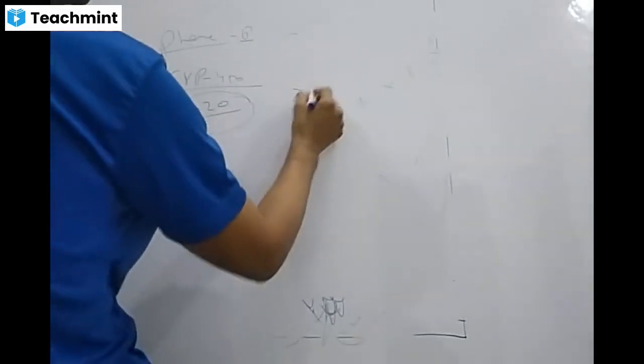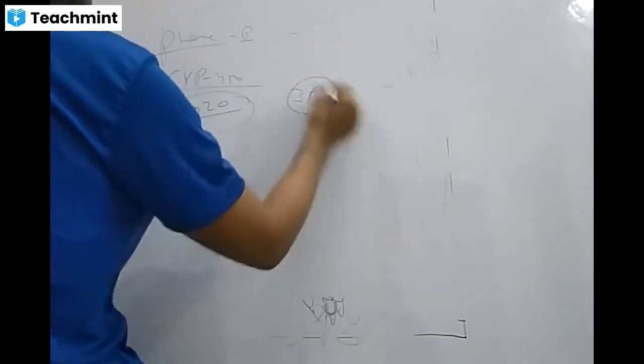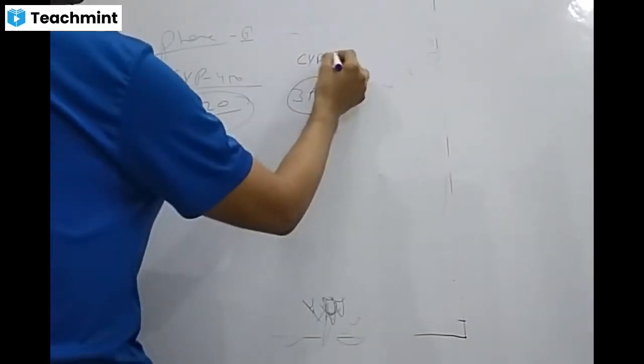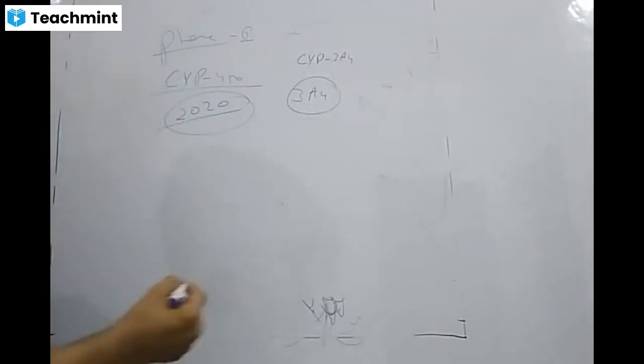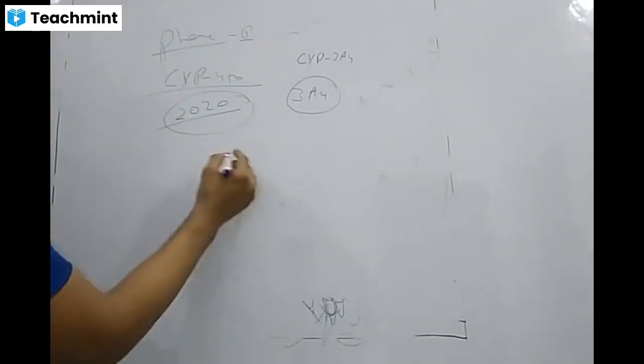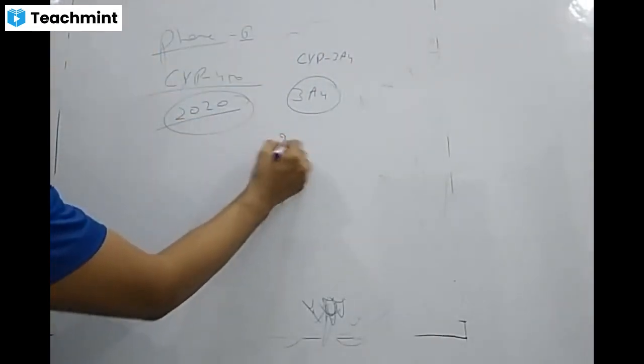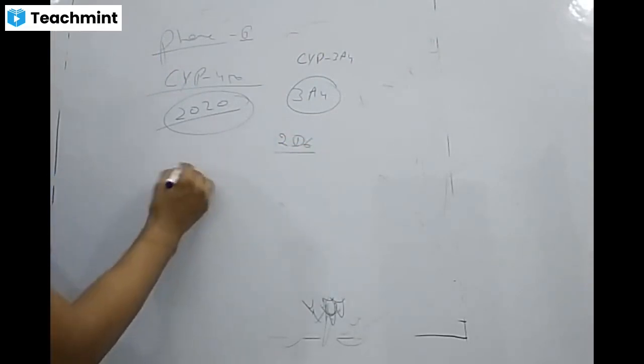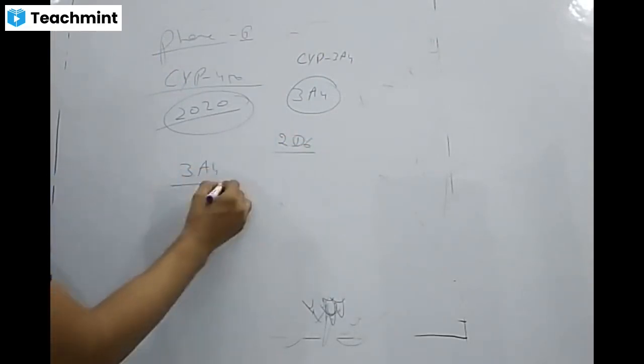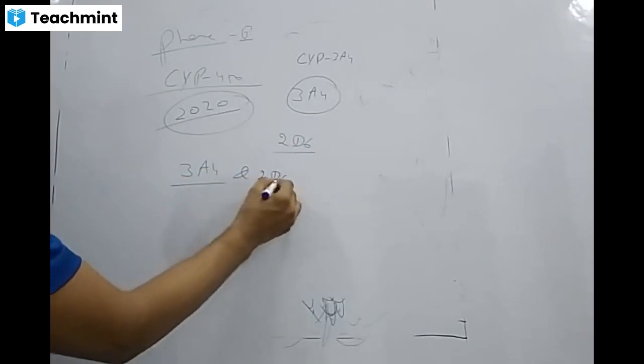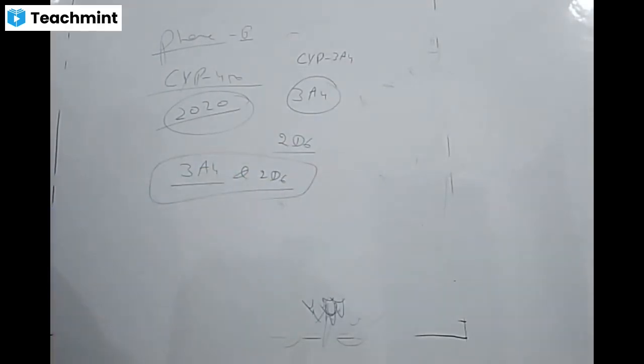That answer was 3A4. CYP 3A4. And the second answer, 2D6. So these are two enzymes, 3A4 and 2D6. They carry out most of the reactions.